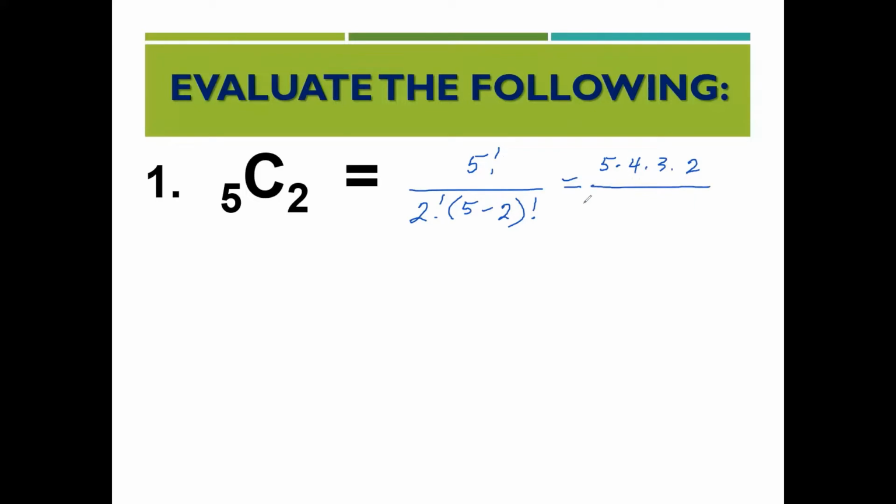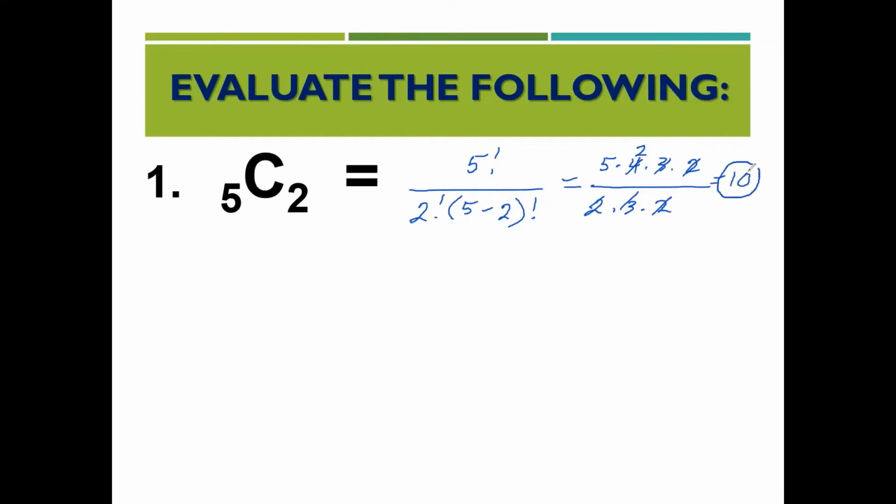All over 2 factorial, which is 2 times 1, so simply write 2. 5 minus 2 is 3 factorial, so 3 times 2. Then simply cancel. It's like reducing to lowest terms, since it's division. Cancel all numbers that are the same up and down. Then 4 divided by 2 is 2. Finally, simply multiply: 5 times 2 is equal to 10.